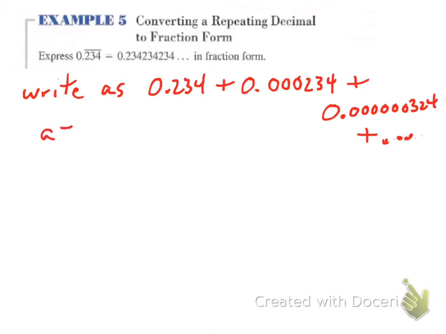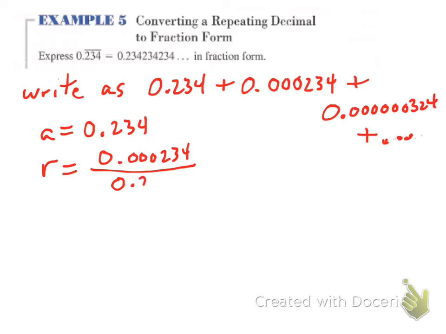So what's A? The first term is 0.234. What's R? You take 0.000234 and divide by 0.234. Take the second term, divide by the first, and you wind up with 0.001.